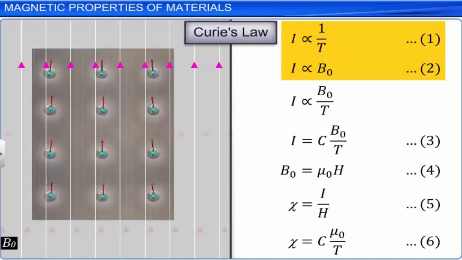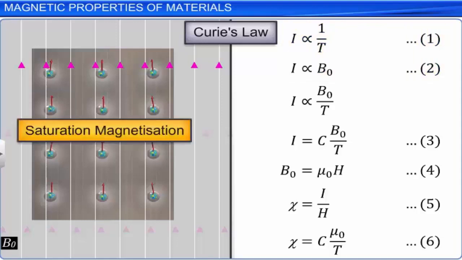At this magnetization, all the atomic dipoles are aligned in the same direction as the magnetic field. This value of magnetization is known as the saturation value and is represented as IS. Beyond this value, Curie's law is not applicable.